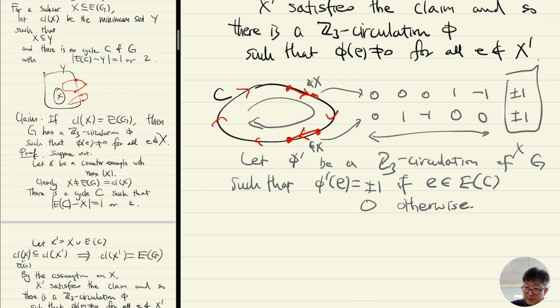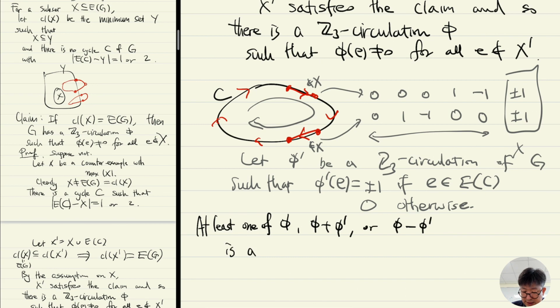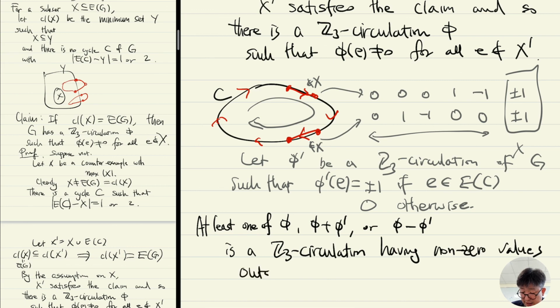In all cases, one of these three choices, phi or phi plus phi prime or phi minus phi prime, at least one of the three is a G3 circulation having non-zero values outside of X, and that's a contradiction.